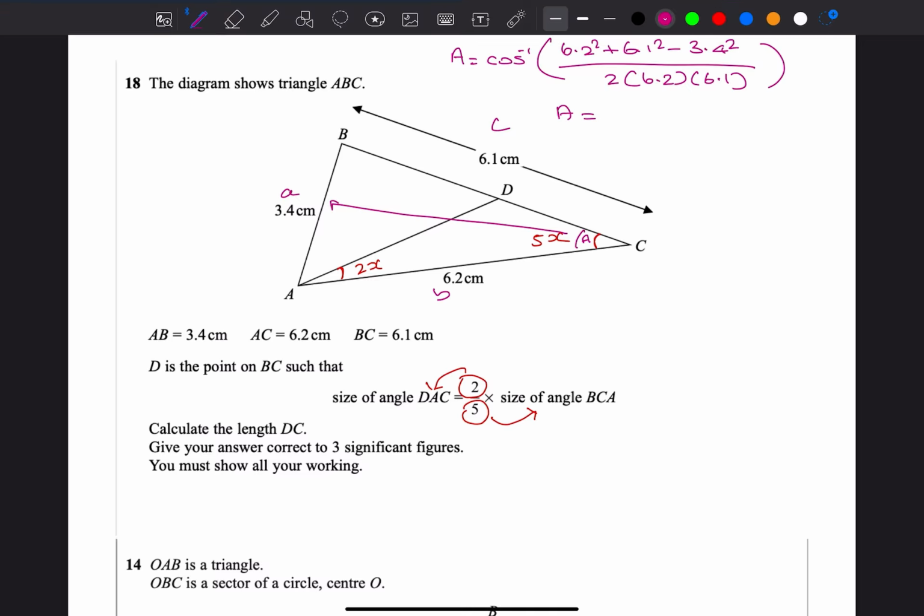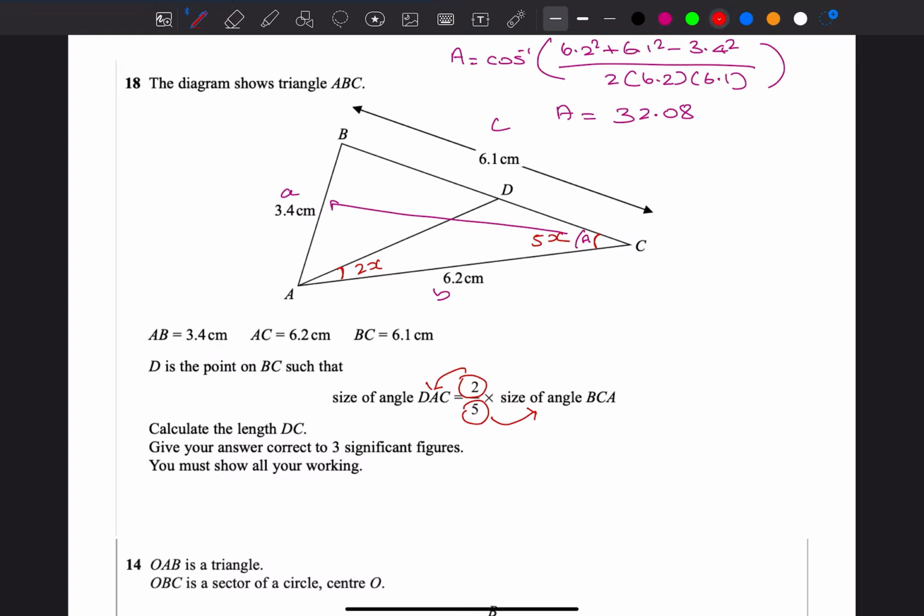That gives you the angle. What's the angle? Cos inverse of that is 32.08. So we'll call it 32.08, 2 decimal places.